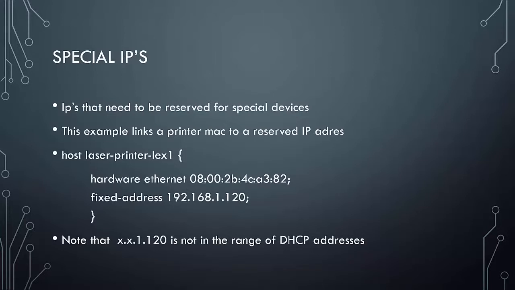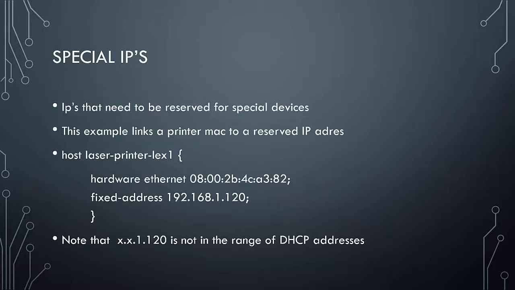Fixed IPs are for reserved hosts like servers or printers. You link a MAC address to an IP address. If the host sends a DHCP request, the server will read this. If the host has a MAC address in the table you have provided, then the server will provide the host with the specified IP.